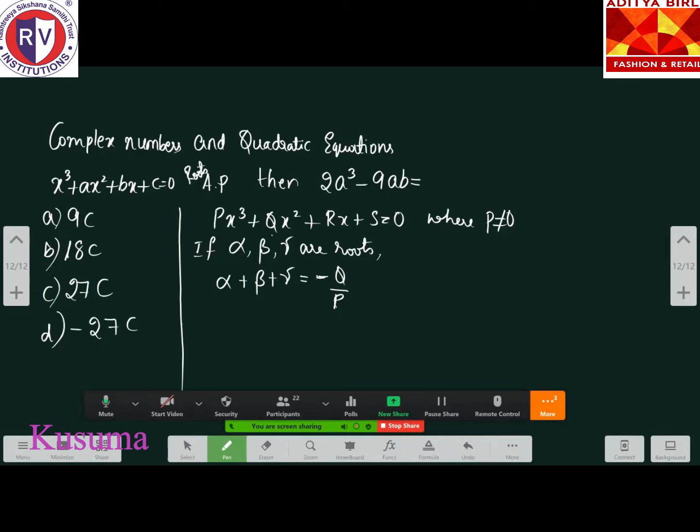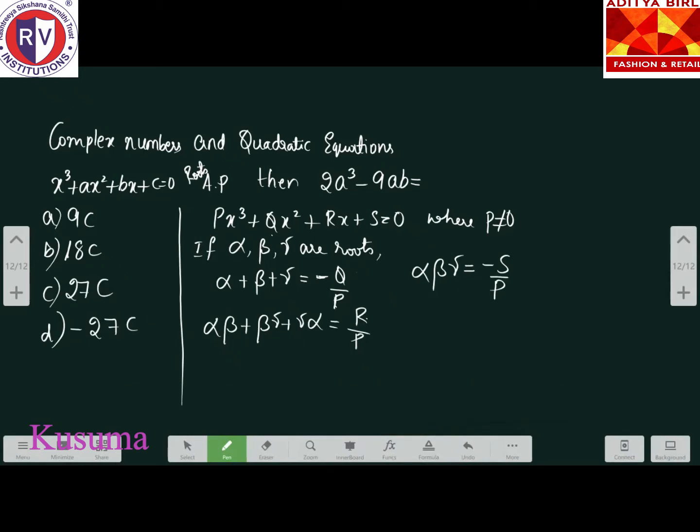And alpha beta plus beta gamma plus gamma alpha will give us r by p, that is the coefficient of x divided by coefficient of x cube. And the product of the roots, alpha beta gamma, will give us minus s by p. This is the relationship between the roots and the coefficients in a cubic equation.